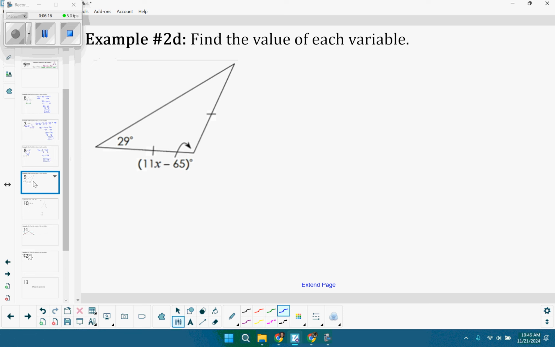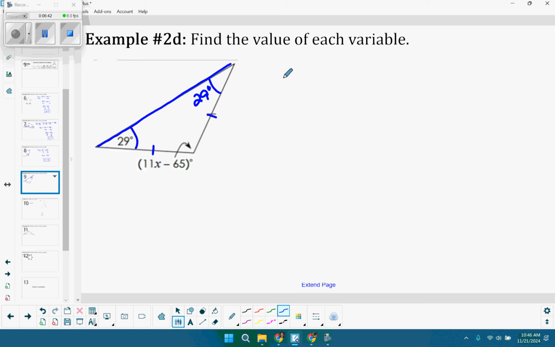The last one of example 2, I again have two sides that are congruent. So these two sides are the legs, making this last side the base, and those two angles the base angles. So if this one was 29 degrees, the other one is also 29 degrees.